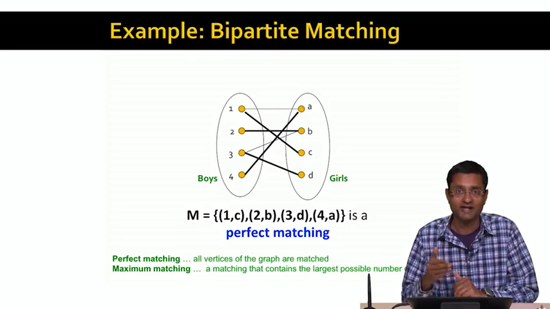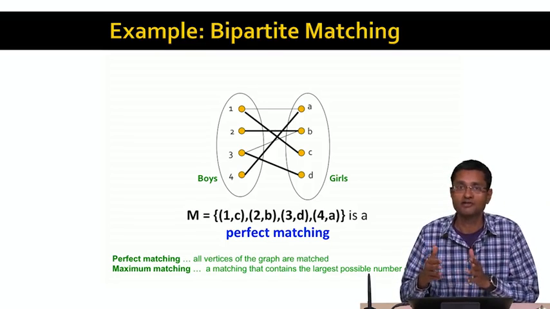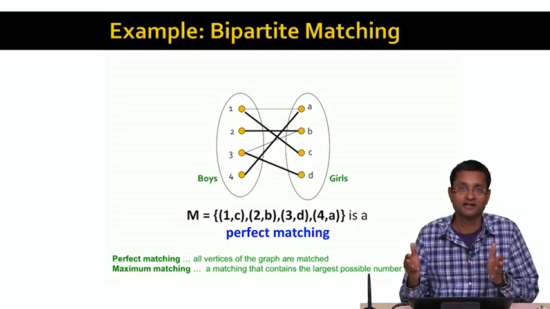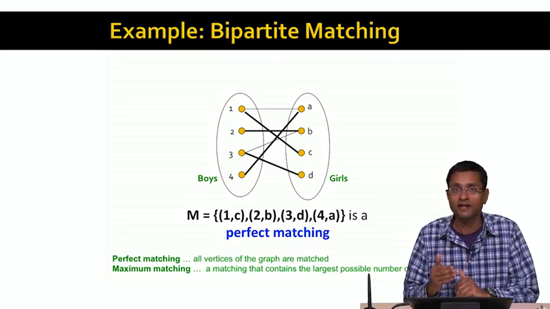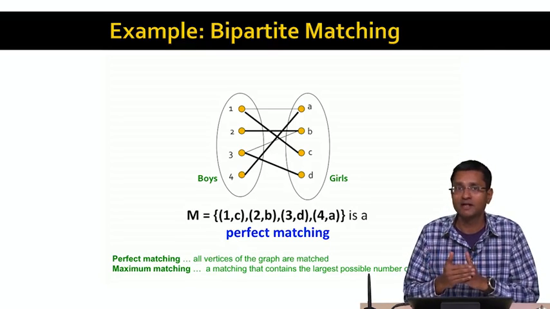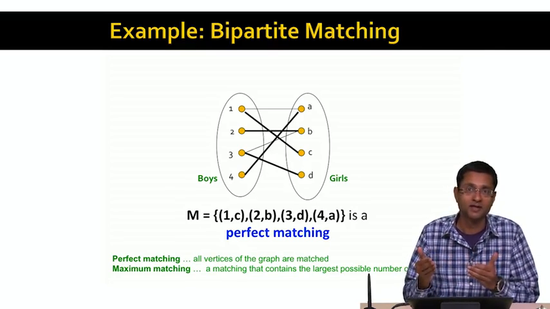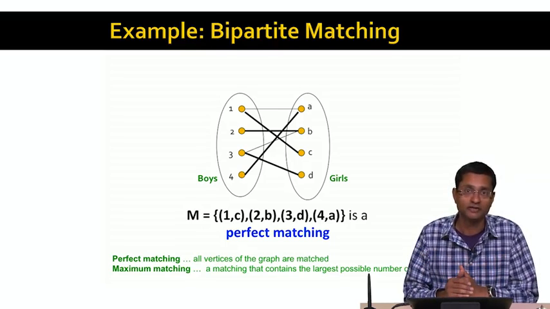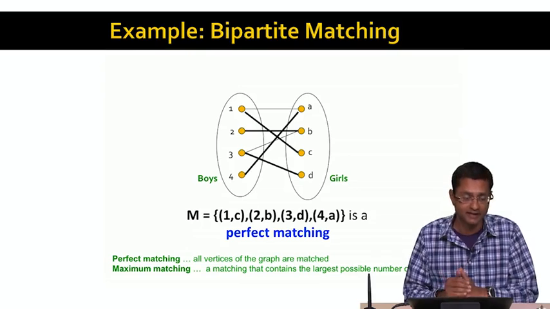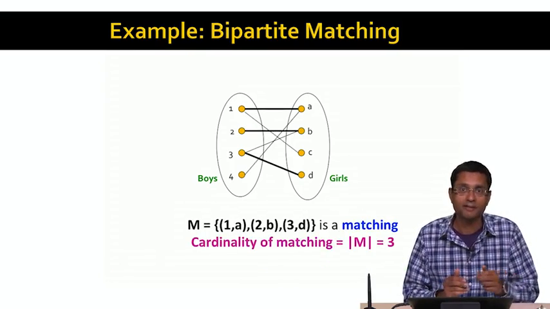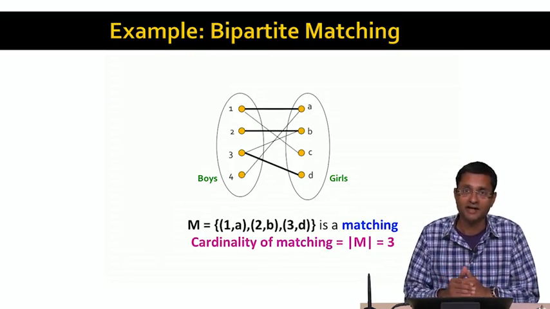Every perfect matching has to be maximum because you can't obviously find a matching that's larger than perfect. However, there could be graphs where there is no perfect matching, but there's always a maximum matching, which is the best that you can do for that given graph. So in this case, the maximum matching has cardinality 4, whereas the earlier matching that we found had just cardinality 3 and is not a maximum matching.